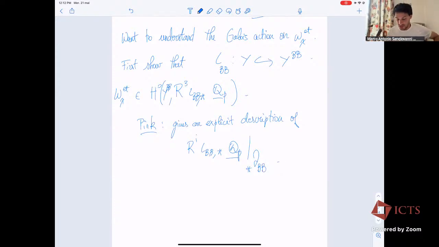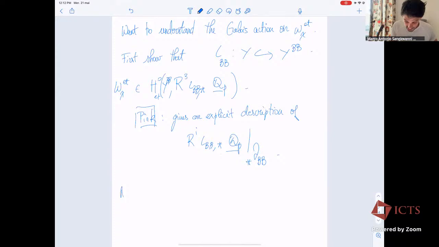So this is a result of Pink that trace formula people, for example, use a lot when they're working with non-compact Shimura varieties. So first you see that omega chi étale is the global section of this sheaf, and now you argue as before.